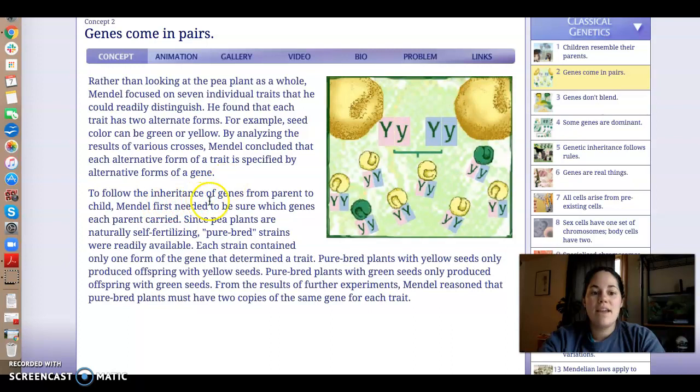To follow the inheritance of genes from parents to child, Mendel first needed to be sure which genes each parent carried. Since pea plants are naturally self-fertilizing, purebred strains were readily available. Each strain contained only one form of the gene that determined a trait. Purebred plants with yellow seeds only produced offspring with yellow seeds.